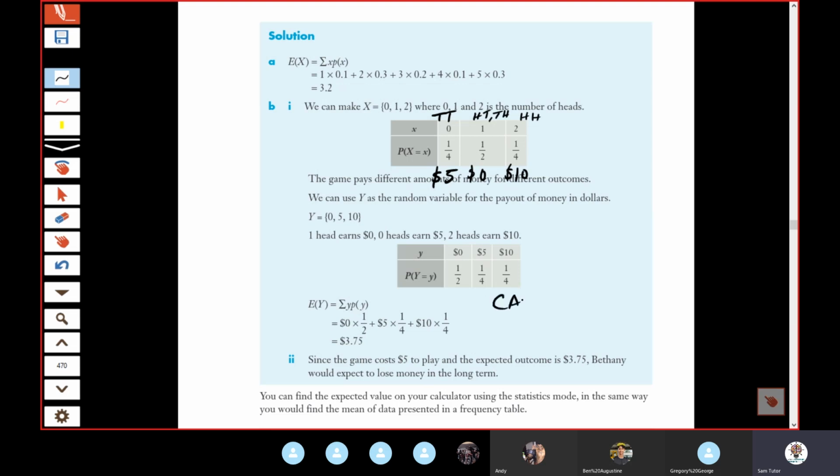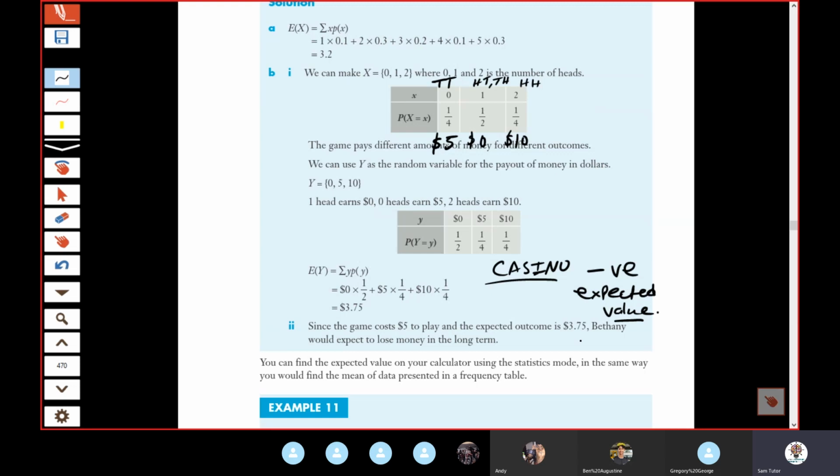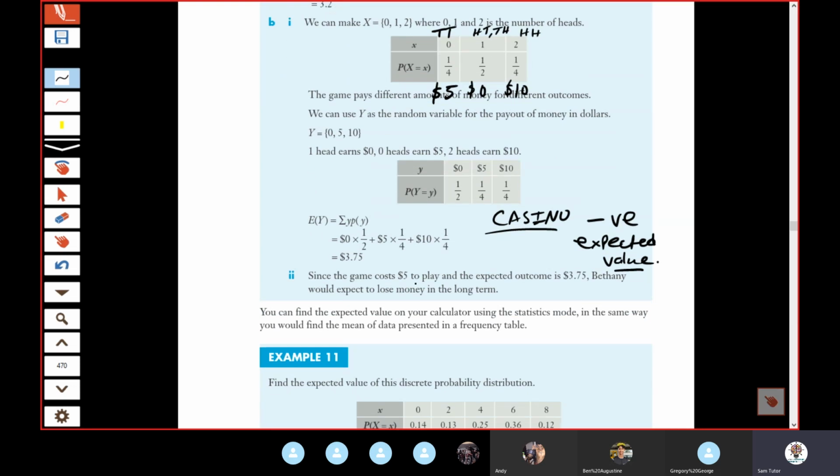The casino, for example, and any of the gambling games, all have negative expected value. They've all been calculated to make sure that you will always be losing money. That's just how the games work. Even if you think you've won, let's say you won $5 in a game, the expected value is always calculated to become negative.